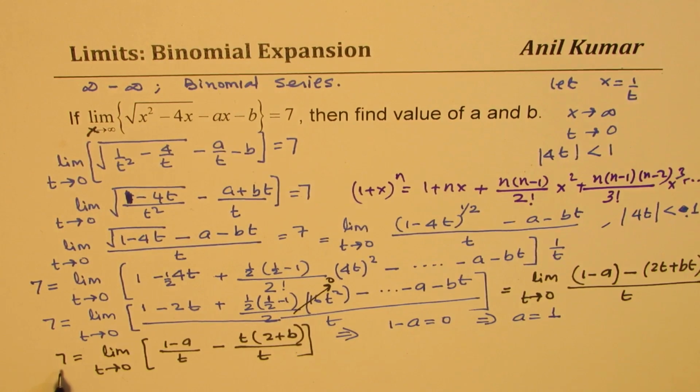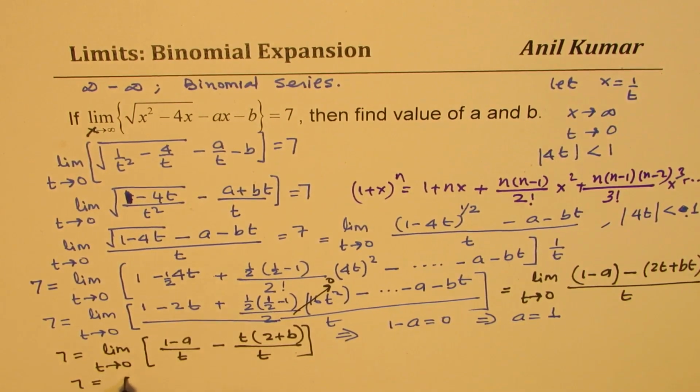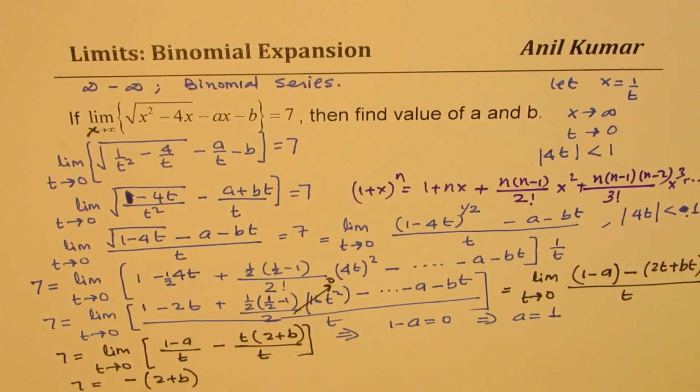Now the second part here is that it has a limit of 7. So when a is equal to 1, we get 7 equals minus 2 plus b, right? Because this t and t will cancel.